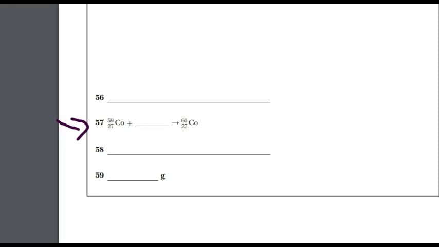So I have cobalt-59 here on the left, and I have 60 on the right. What number plus 59 gets me to 60? That's the number 1. And then I have 27 on the left and 27 on the right. They're equal, so it would be 27 plus 0. So I'm looking for a particle that has a mass of 1 and an atomic number of 0.